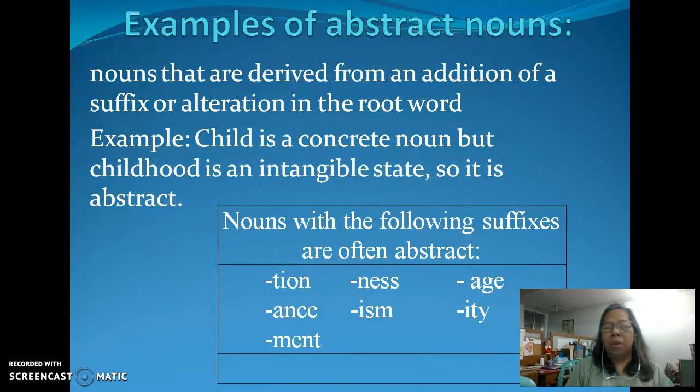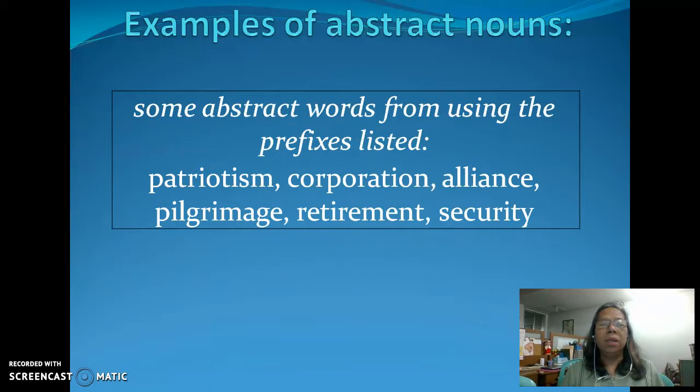Some examples of words that have been converted into abstract nouns are the following: patriotism, corporation, alliance, pilgrimage, retirement, security. Okay? Security, for example, comes from the term secure. Okay? Which is not a noun. But adding the suffix ite has turned the term secure into security, which is now considered an abstract noun.